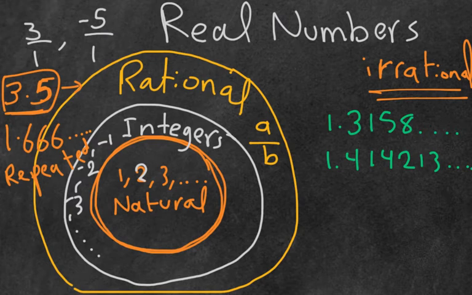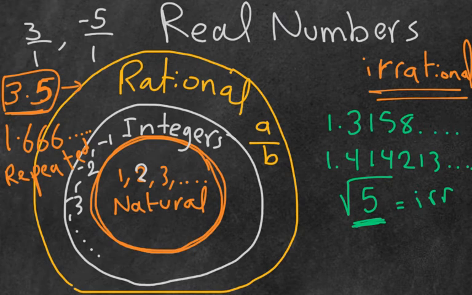This is irrational. And any square root of a number that is not a perfect square, like square root 5, is irrational. When you have the square root of a number and that number is not a perfect square, it's irrational.